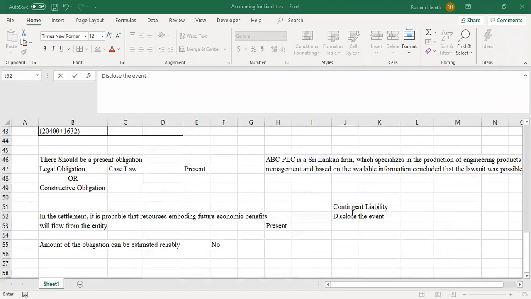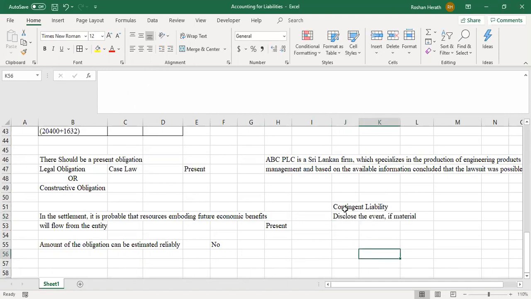Disclose the scenario. In broad terms, it's an event. Disclose the event if material. That's how we treat a contingent liability. No recognition, but there can be a disclosure depending on materiality. If the financial impact could be material, then you need to disclose that. So it's a contingent liability. That's the first scenario.